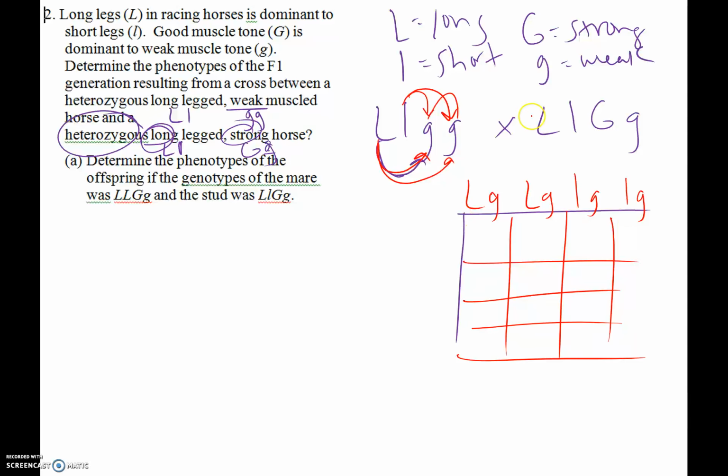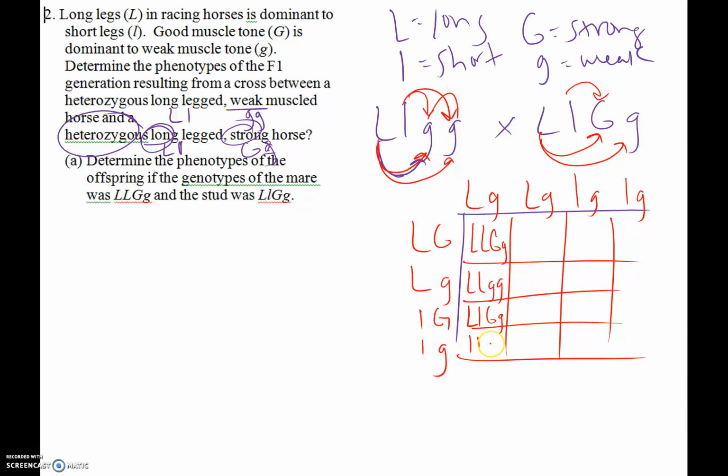Now on the side, we can go here. You can also go with that one, and then this, and that. And then you would fill them in. So when you fill them in, pretend like each one is a gamete getting fertilized. Okay, and then you continue on.